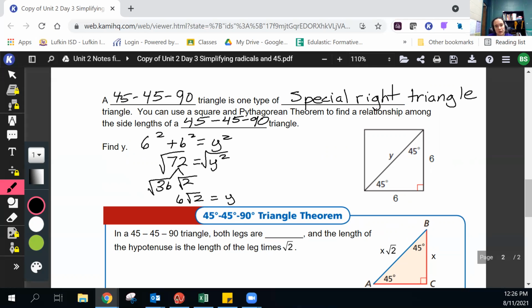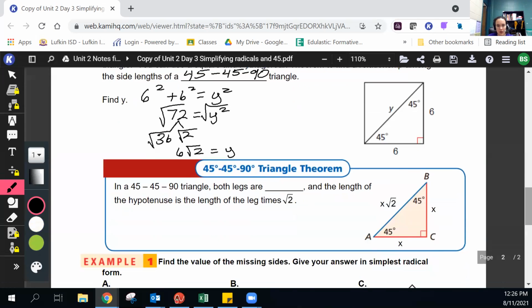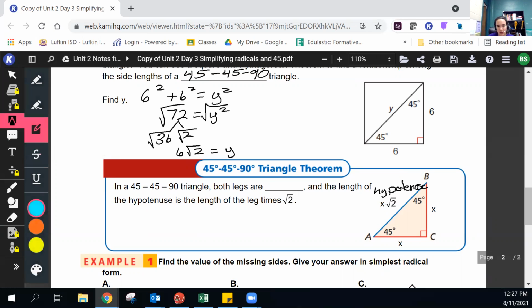So we've got a trick, essentially, for whenever we have 45, 45, 90 triangles, so I don't have to go through all of this. All I need to do is notice that it's a 45, 45, 90 triangle, and that I'm going to label my hypotenuse because it's a right triangle. My hypotenuse, when I have a 45, 45, 90 triangle, is x times the square root of 2.